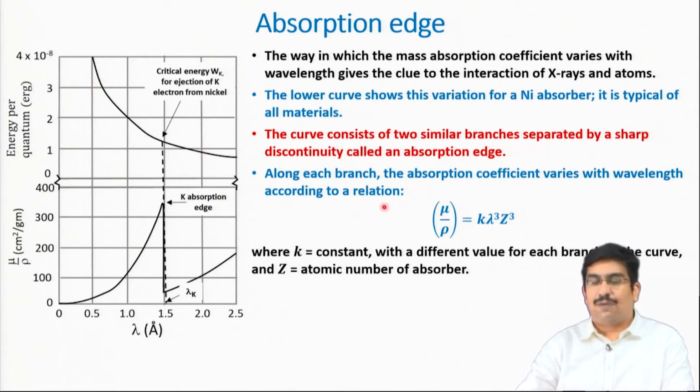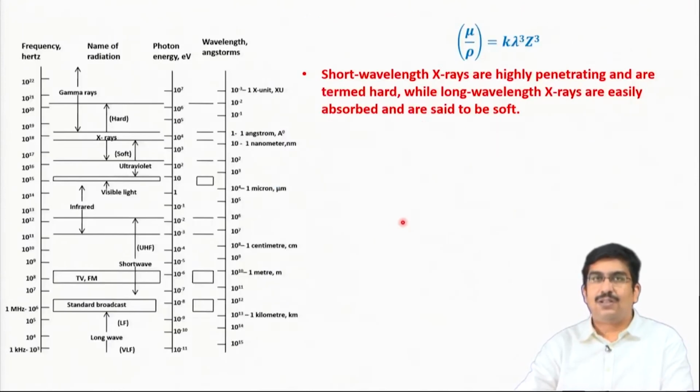So, we can use this information to differentiate between the short wavelength or soft X-rays versus the hard X-rays, as we were discussing previously when we were discussing X-ray as an electromagnetic radiation. We have said that some wavelengths of X-rays are used for medical purposes, and those are called the soft X-rays, and some of them are used for characterization, like X-ray diffraction or XPS or X-ray microscopy, and that is basically the hard X-ray.